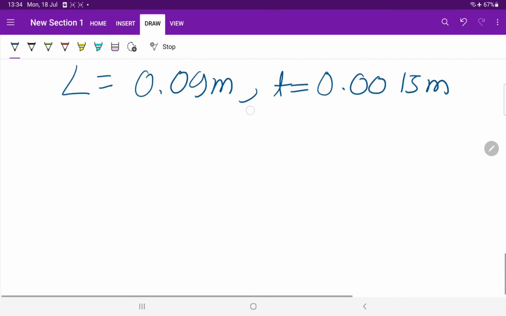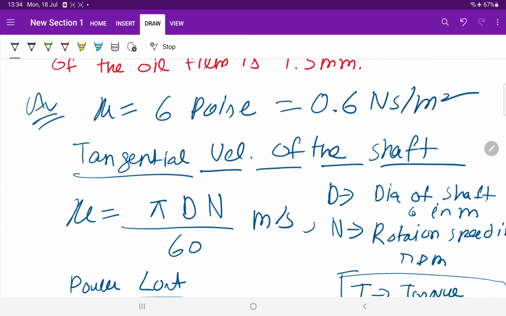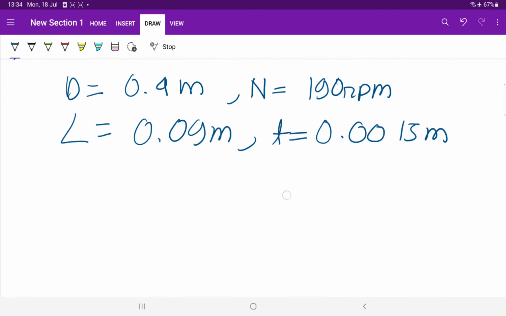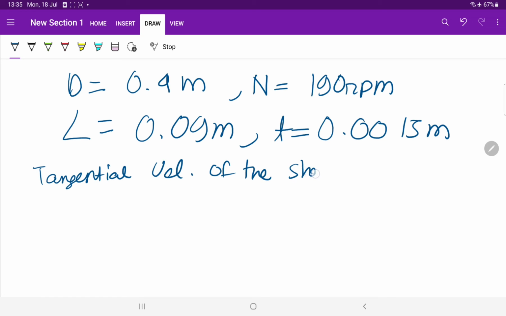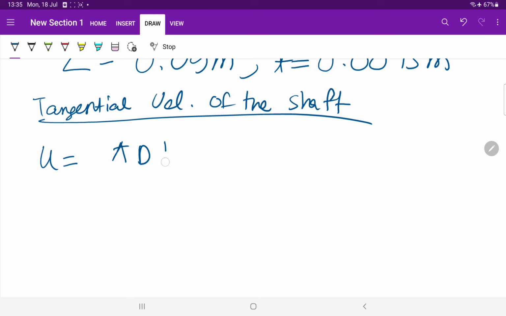So let us find out the tangential velocity of the shaft. Okay, I've just done one error here. This is not mu, this is actually u, right? Tangential velocity of the shaft, this is u, there is no relation with the mu. So u is equals to pi into d into n by 60 meter per second.